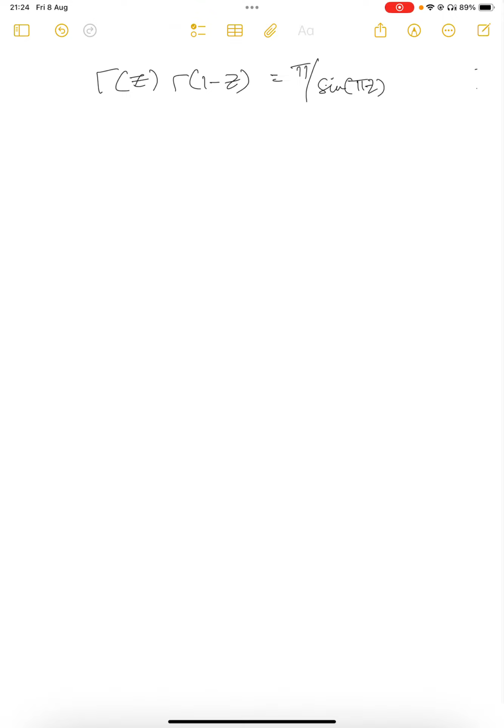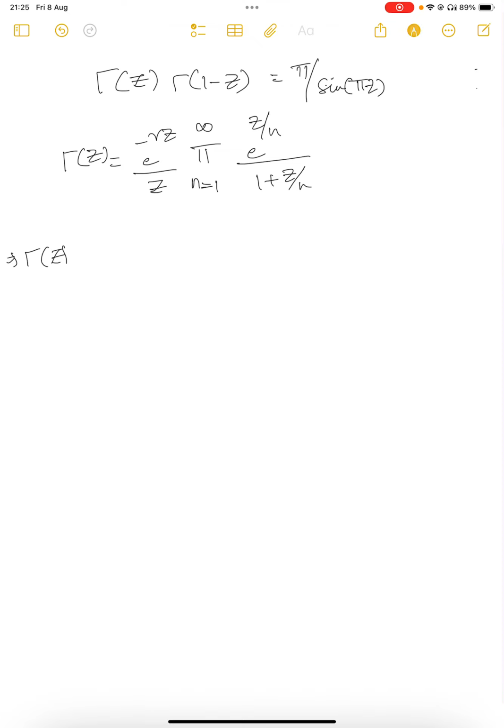So let's take the Euler's definition of gamma of z, which is e power minus gamma z by z into product n equal to 1 to infinity e power z by n by 1 plus z by n, right? So let's start the calculation.